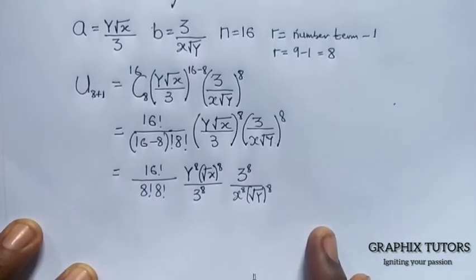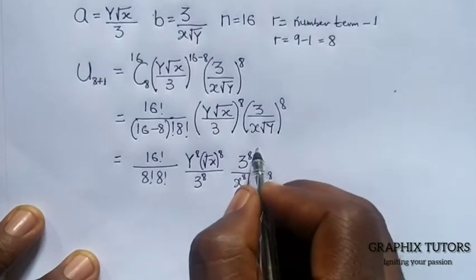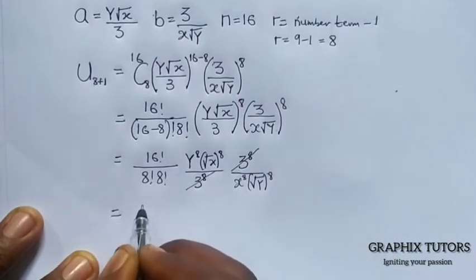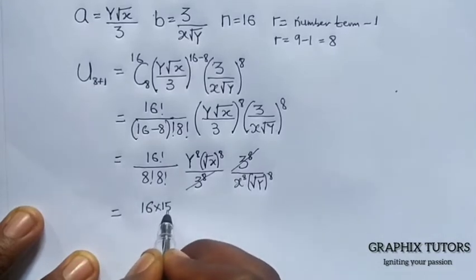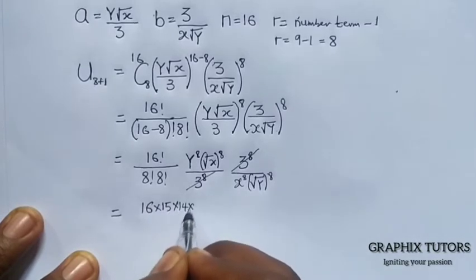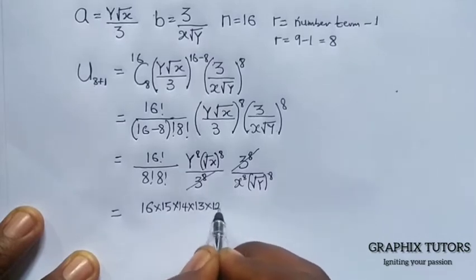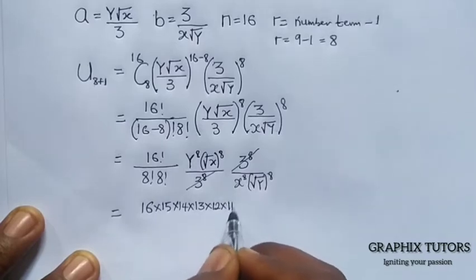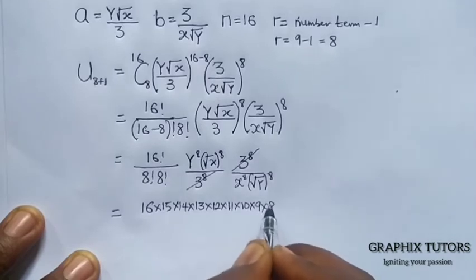Now from here, this 3 to the power of 8 will cancel this 3 to the power of 8. And I will be left with 16 multiplied by 15 multiplied by 14 multiplied by 13 multiplied by 12 multiplied by 11 multiplied by 10 multiplied by 9 and multiplied by 8 factorial.